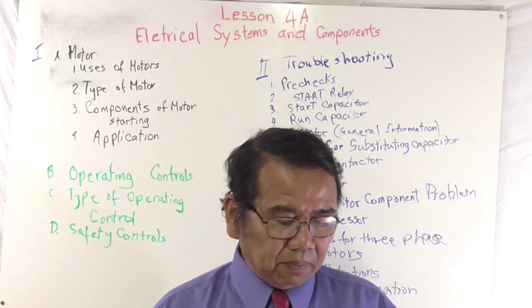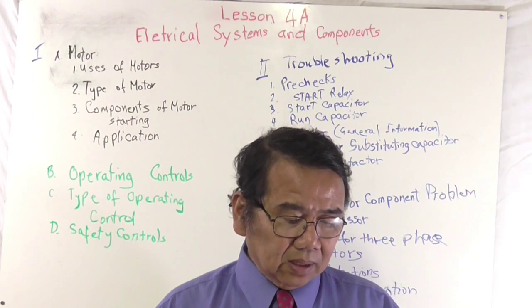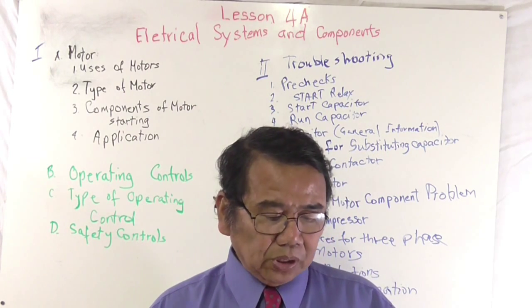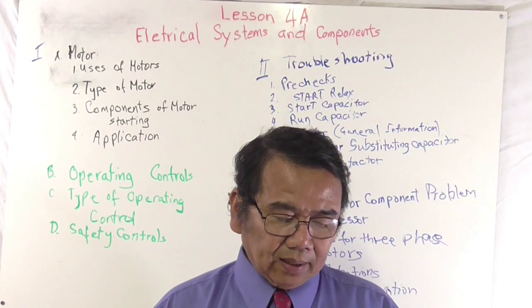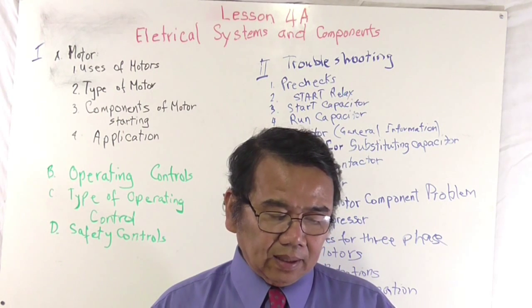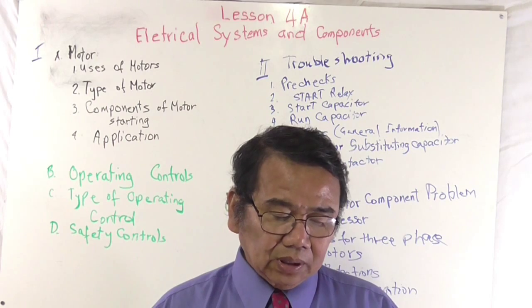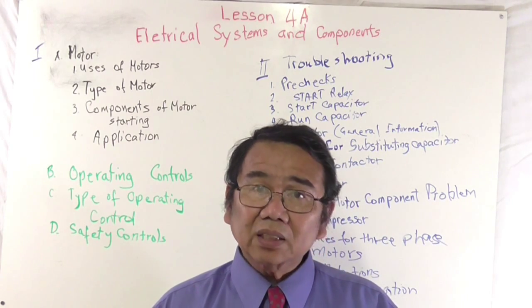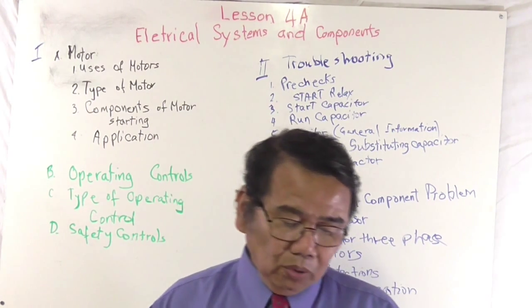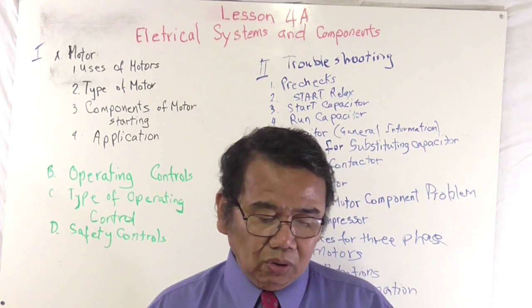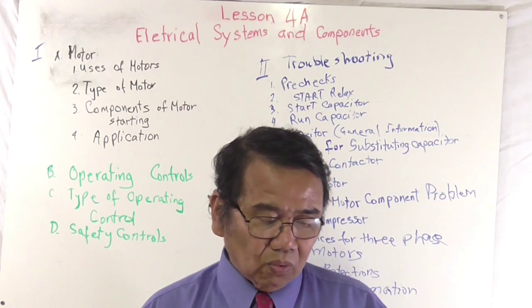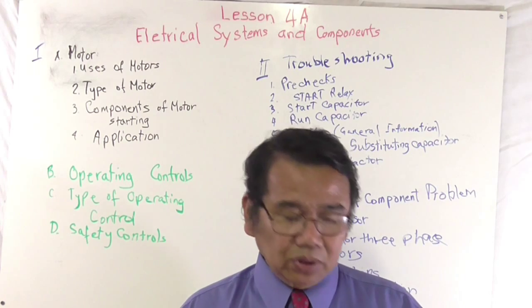And then the start capacitor. The start capacitor, you have an open circuit, not effective. Capacitor check okay. That's improper wiring, loose connection or broken wire. And then you have a wrong size.